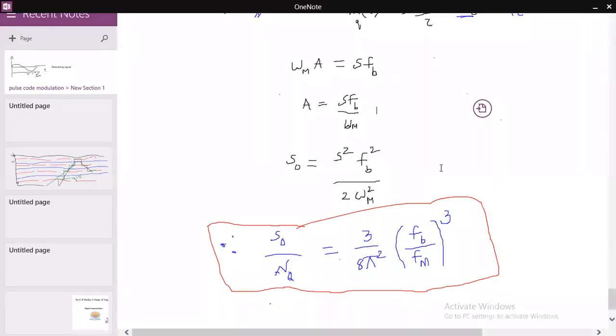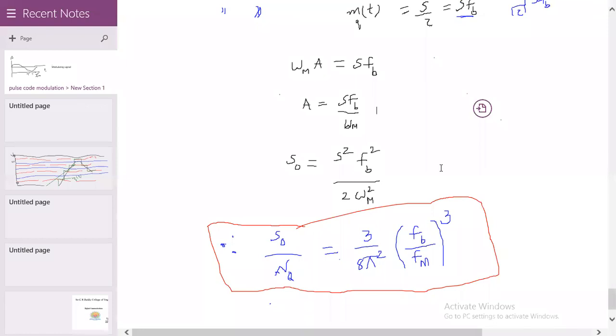Now my screen is visible to all. Yes, ma'am. Then write the expression for A. Then we can substitute that expression into S naught. Then find out what S naught you got.